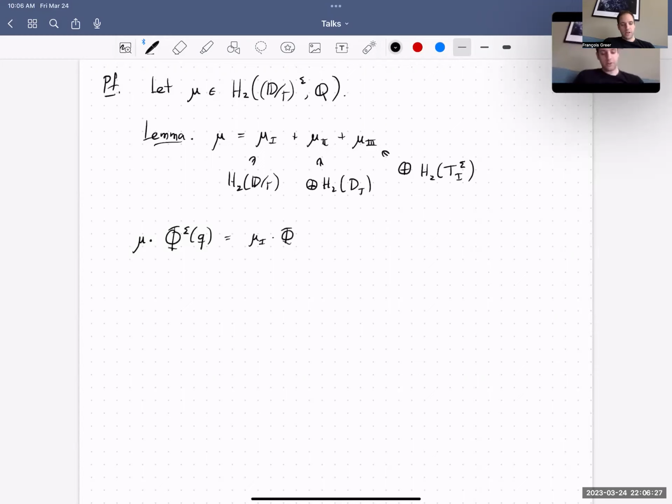So first you intersect it with mu1, mu2, mu3. And the point is that because mu1 is interior, you can just do this first intersection with the original Borcherds form.